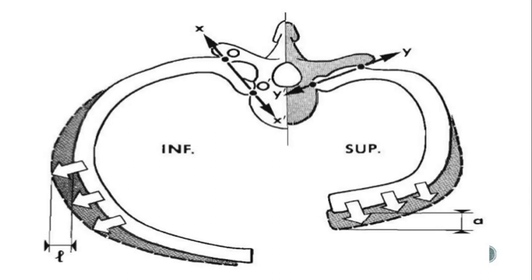Before we start the respiratory movements, I want to show you the axis of movement from the previous slide. Here is the axis that passes through the costotransverse joint and the costovertebral joint. It's a tubercle joint between the transverse process of the vertebra and the tubercle of the rib.